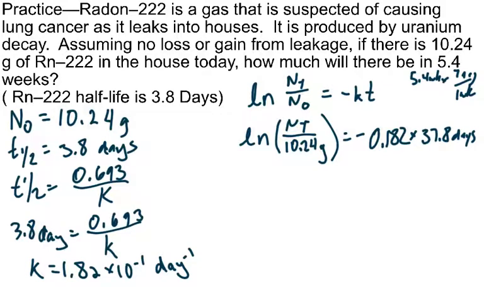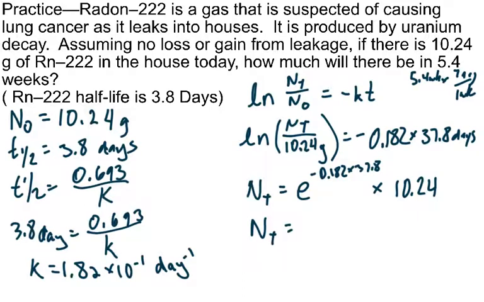So our N_t is going to be e to the negative 0.182 times 37.8 times 10.24. So our amount at the time is 0.0105 grams.